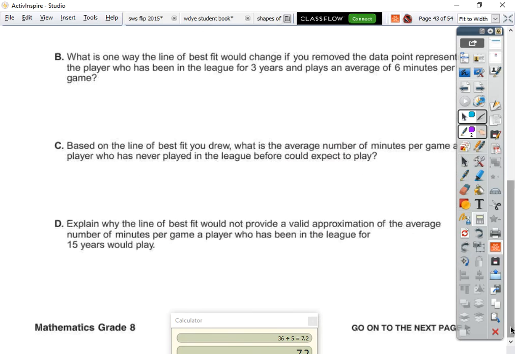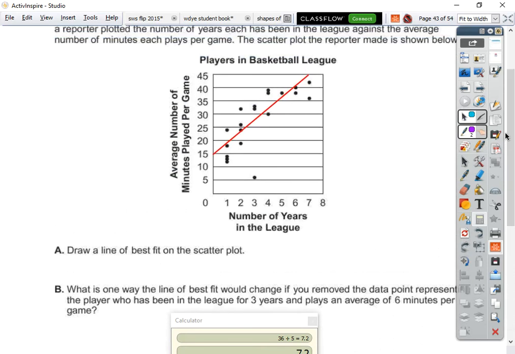Explain why the line of best fit would not provide a valid approximation for the average number of minutes a player who's been playing in the league for 15 years would play. A couple things. Most leagues wouldn't have 15 different divisions unless they started at 0, which would be ridiculous. Well, I guess it's possible if you start at 4 and played through 19, but at 19, most kids are not playing league play. If they're still playing, they're playing through their college.